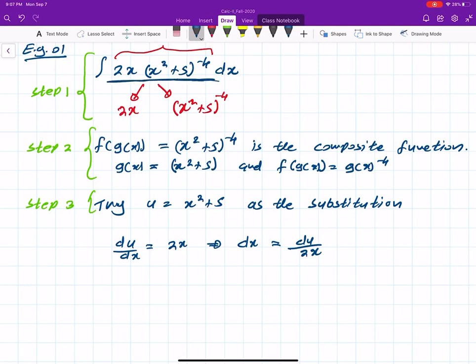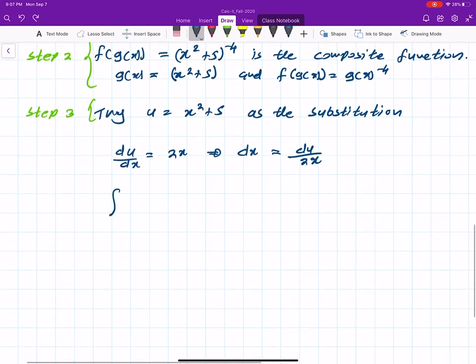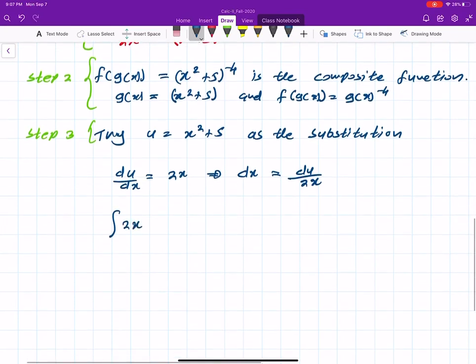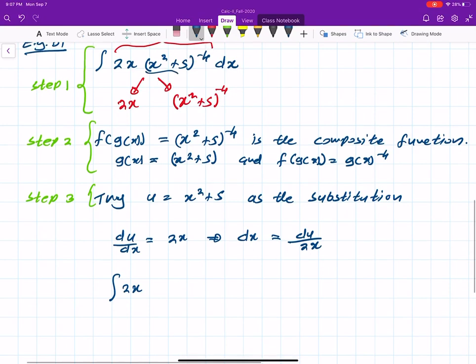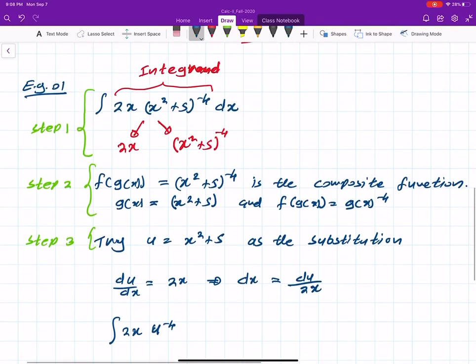So now I'm going to substitute. I write the integration symbol, and I keep this 2x as it is, and for this part I can make the substitution, u to the power minus 4.